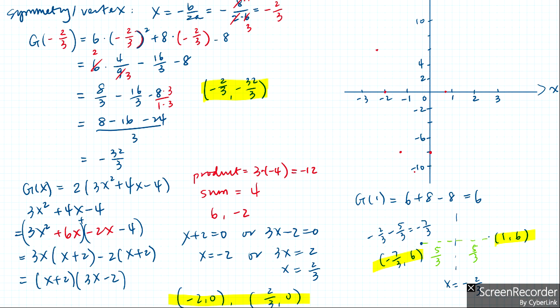Lastly, (1, 6) is going to be right here. And again, we have 7 points. We can connect all the points with a smooth curve as much as possible. And that's going to give us the graph of our g of x over here.